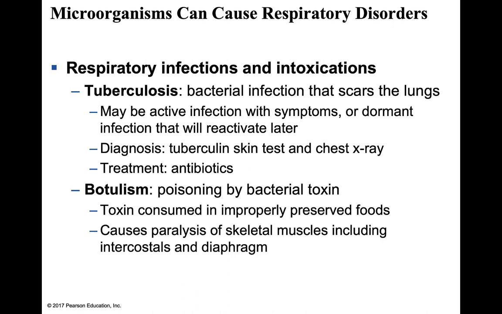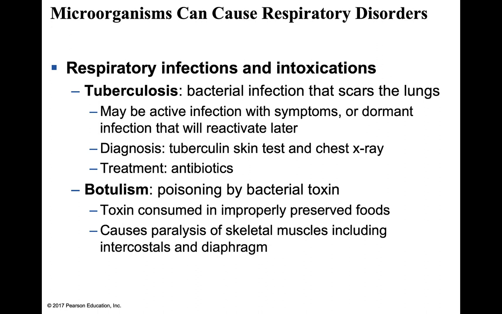Now, if we have tuberculosis, this is actually a bacterial infection, and it results in scarring of the lungs. Now, this is one of those diseases that may actually be dormant and activated sometime later. And generally, I'm sure you may have had those skin tests, okay, to determine whether or not you have tuberculosis, or a chest x-ray.